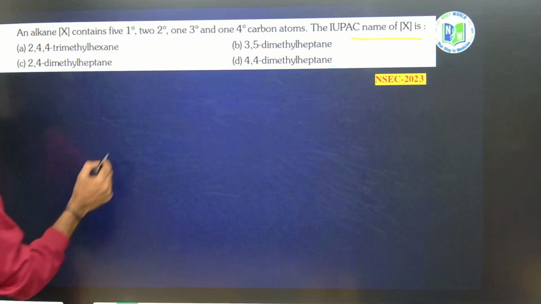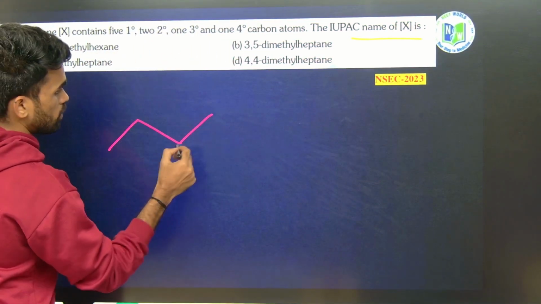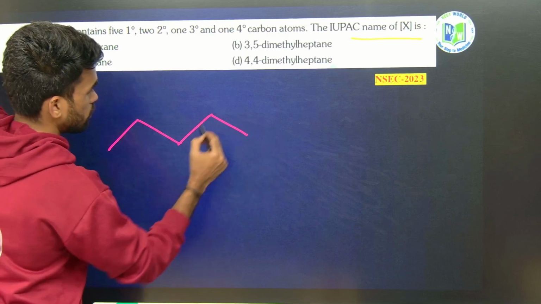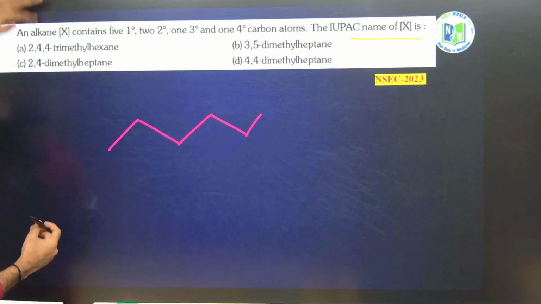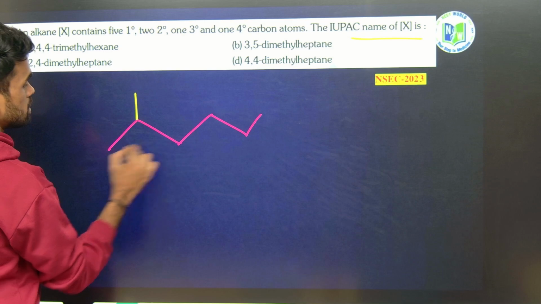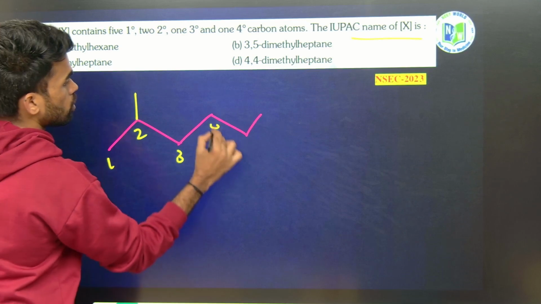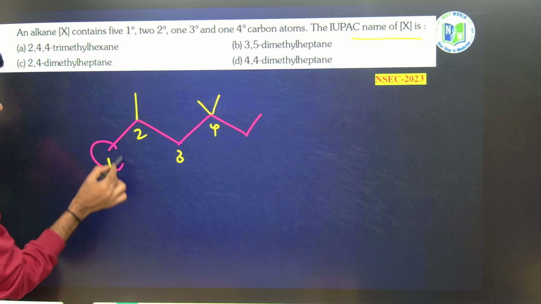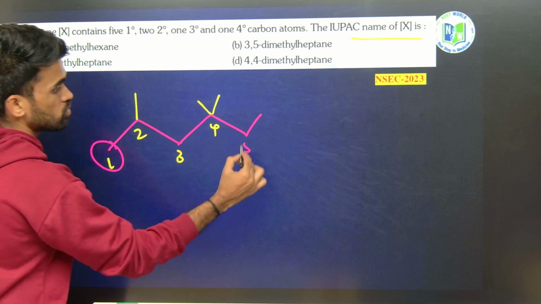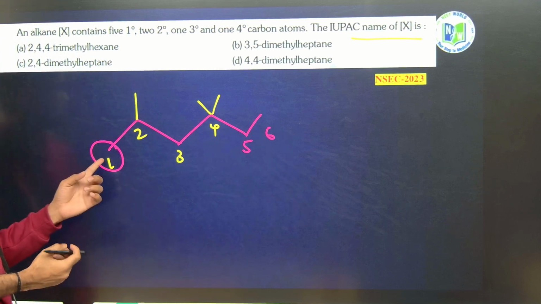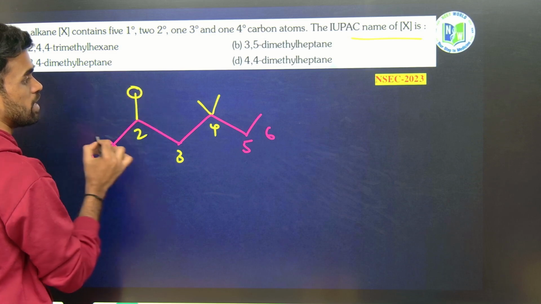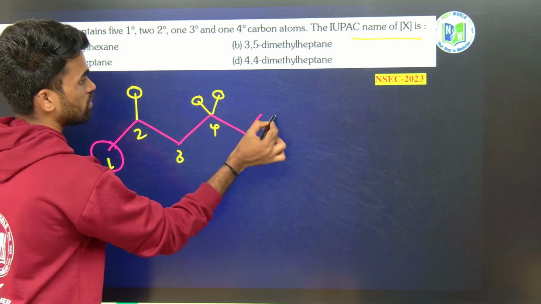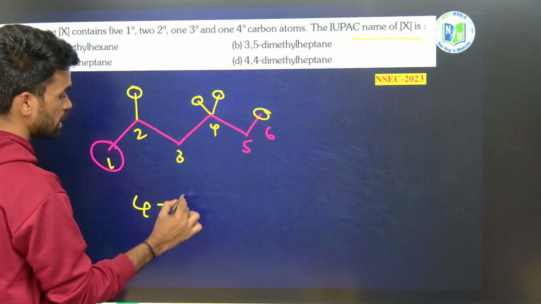The first one, hexane they are saying, so write 6 carbons, 3, 4, 5, 6 over, and they are saying 2, 3, this is 1, 2, 3, 4, 4 dimethyl. Look at this. This is a primary carbon, this is also primary, 1 degree, 1 degree, 1 degree. So total 4 1 degree carbons are there.